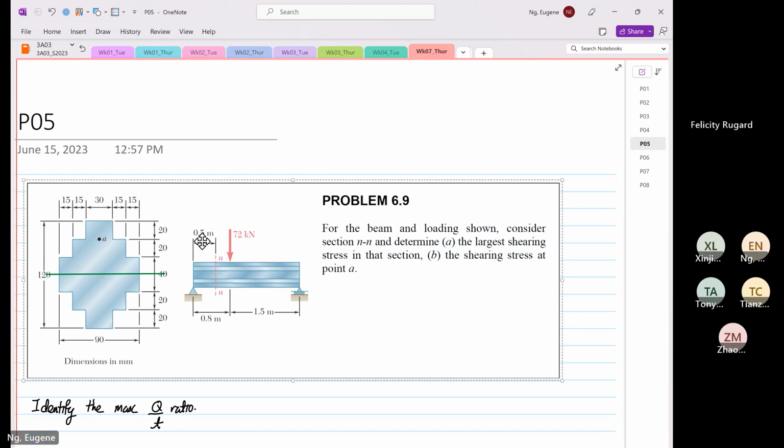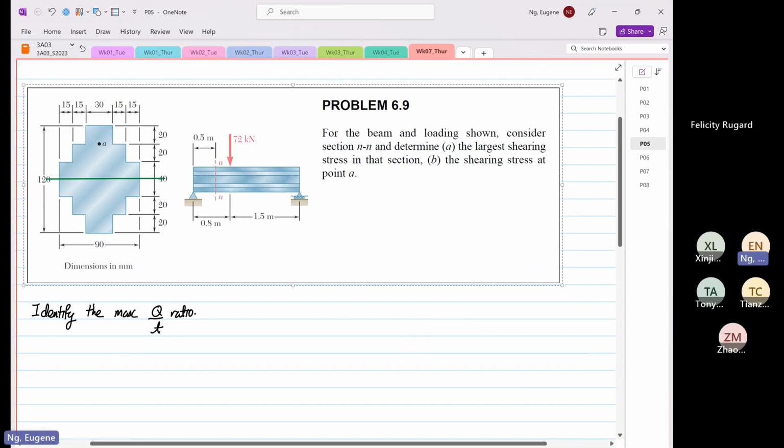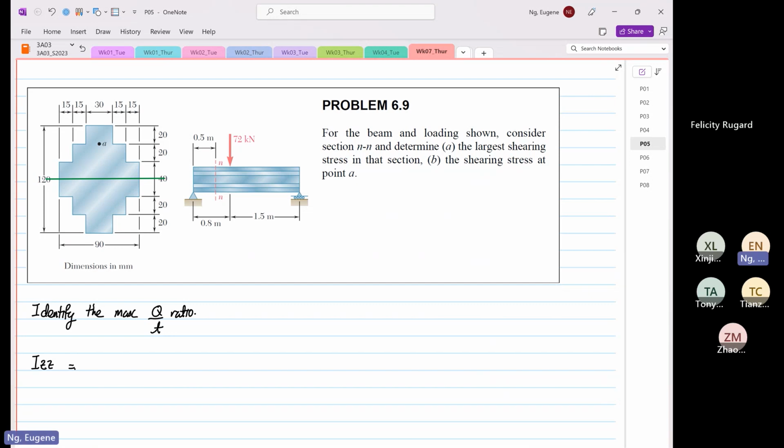Okay. So before we do that, we have to find our Izz. How I'll find our Izz is I'm going to section this way. And this is how I'm going to determine my first moment of area.